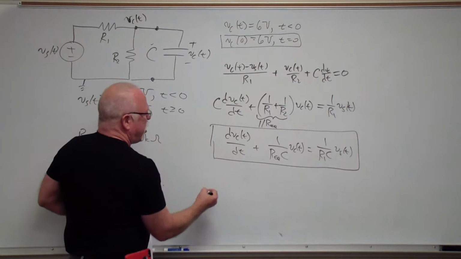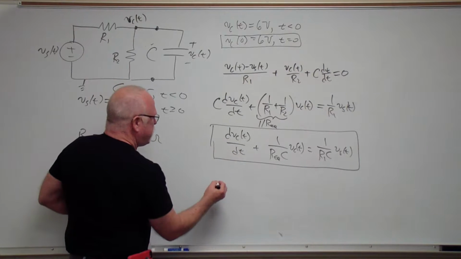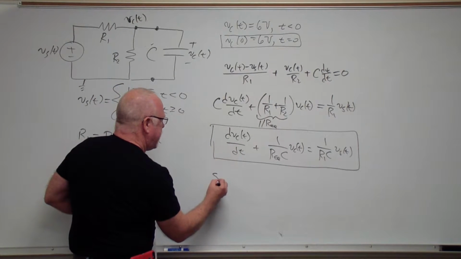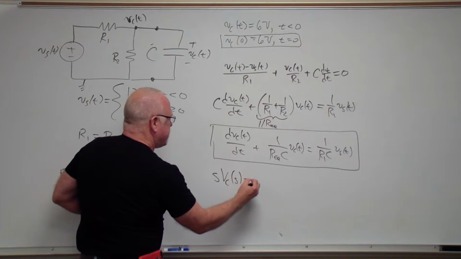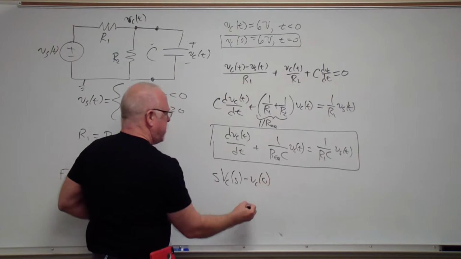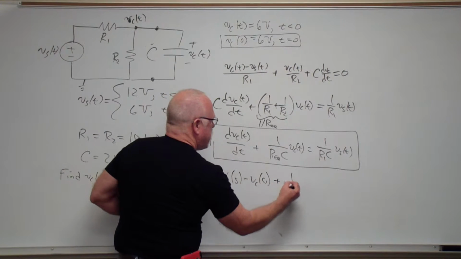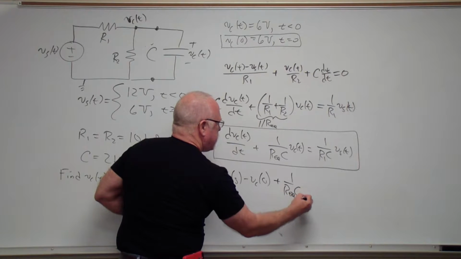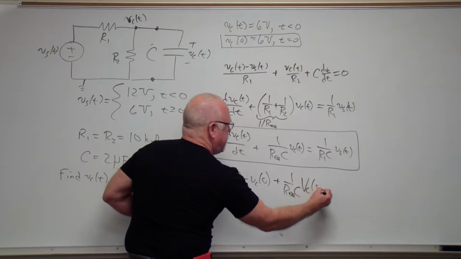We want to go to the Laplace world now. The transform of dVc dt is s Vc of s minus Vc of 0. Then we have plus 1 over Req C times the transform of Vc.